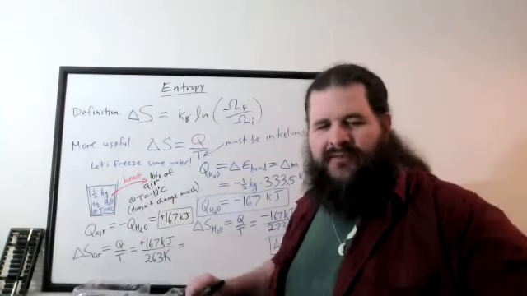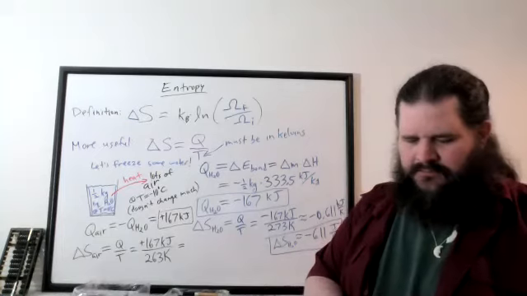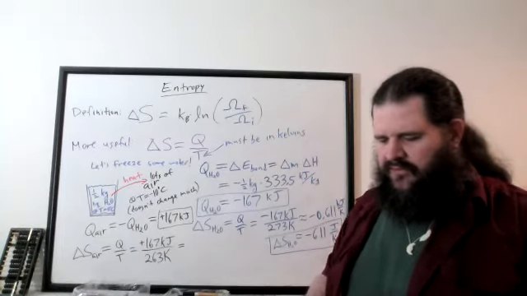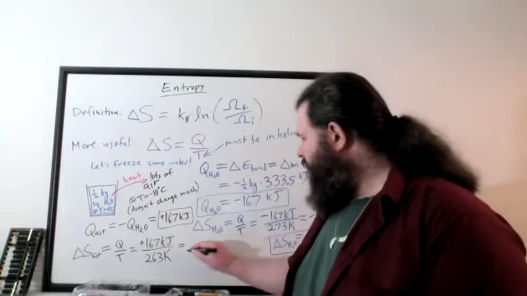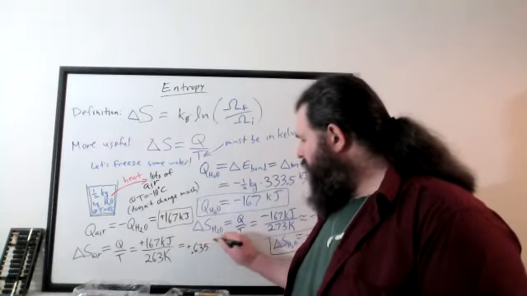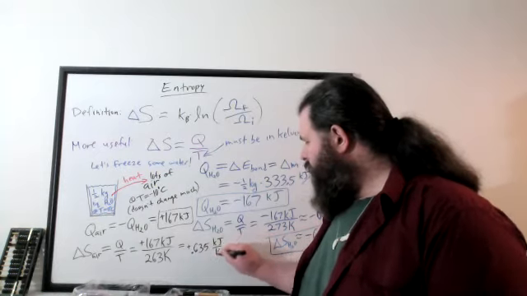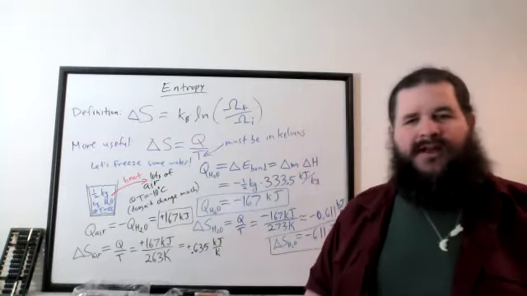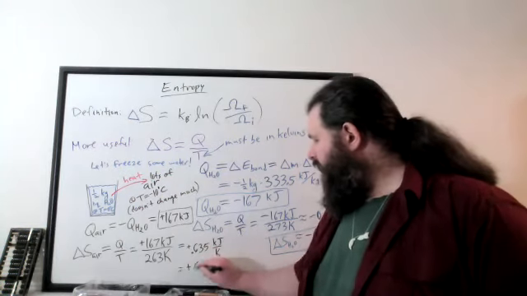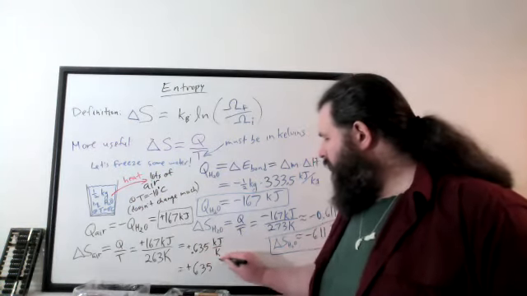So 167 divided by 263 is 0.635, and this will be positive kilojoules per Kelvin. Or converting to just joules per Kelvin, multiply by 1,000, so we get positive 635 joules per Kelvin.